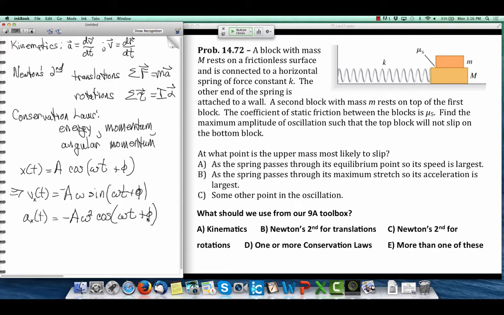And also A, of course, has different units. And so the amplitude of the oscillation that the acceleration undergoes is capital A times omega squared.